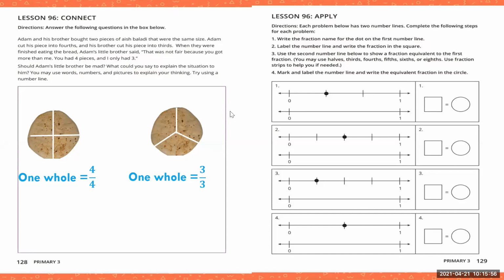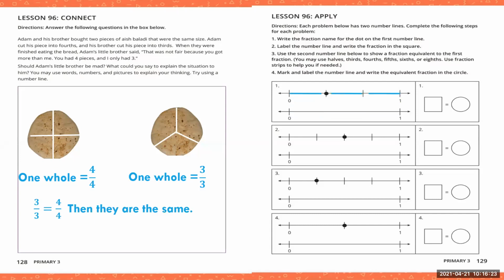Let's move to our equivalent fractions again. Here we have 2 number lines. The first number line is divided into 3 equal parts. 1, 2, 3. And the dot here is on the first third.